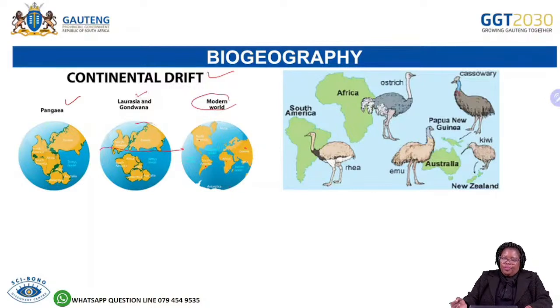Now, going back to continental drift. Remember, in the modern world, this is what we can see: different continents. In South America, for an example, this is an example of bears growing there. Compare it with those that are growing in Africa, right?